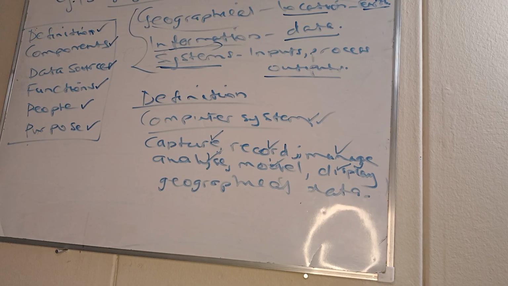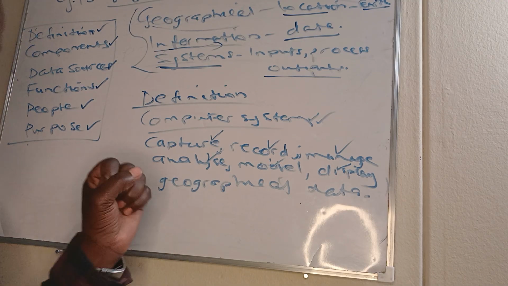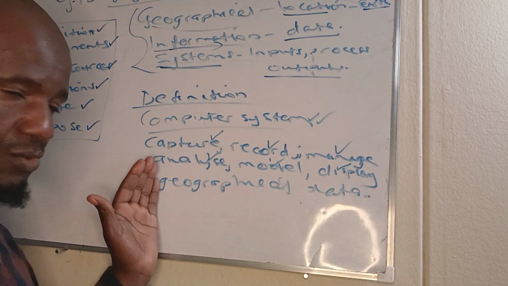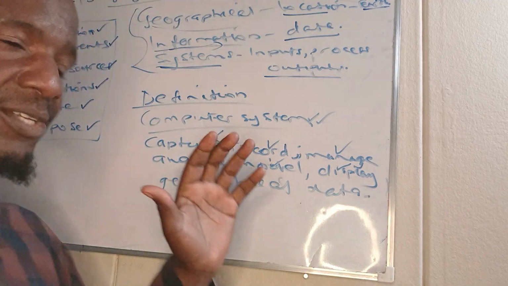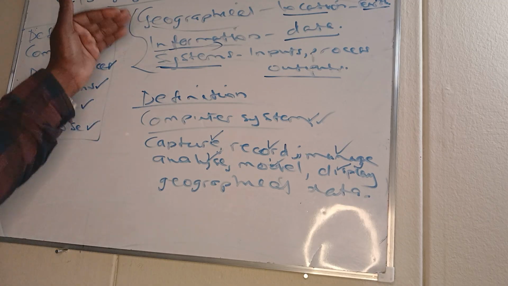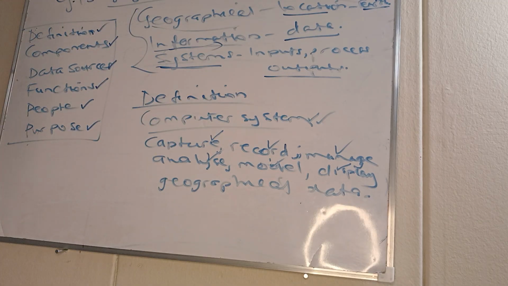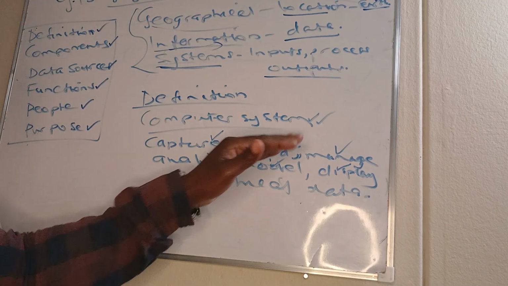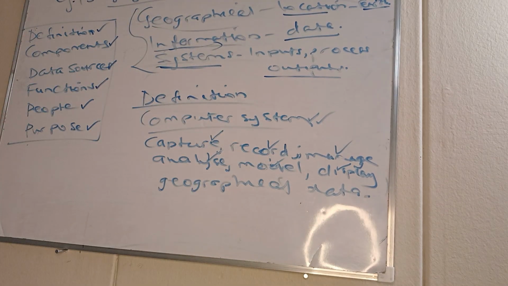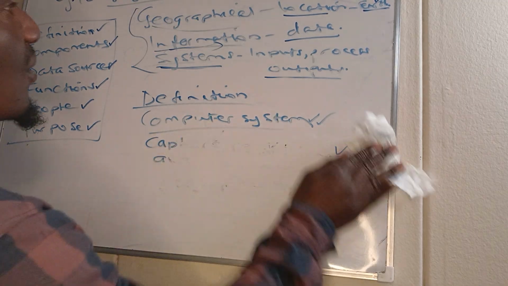You can see what does it do? It captures. It records. It manages. It analyzes. It models. It displays. What does it display? Geographical data. So when you're defining your GIS, it's a computer system that is used to capture, record, manage, analyze, model, and display geographical data. That is the definition of our GIS.